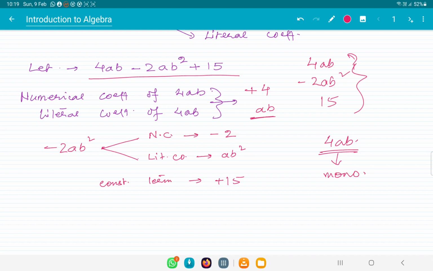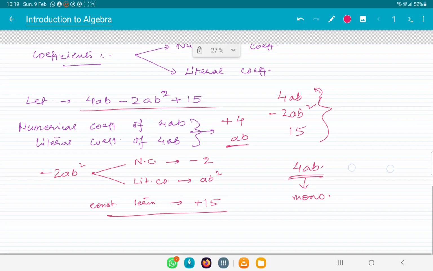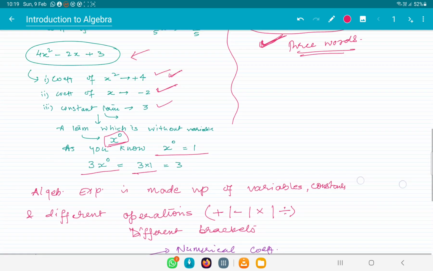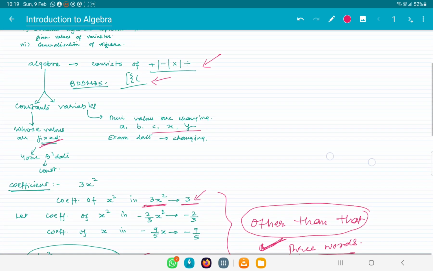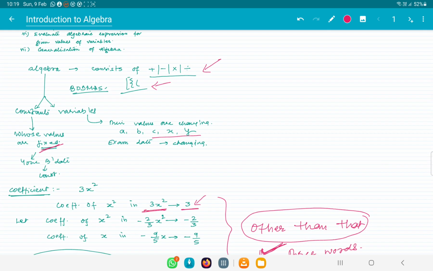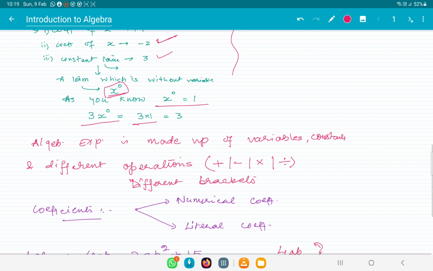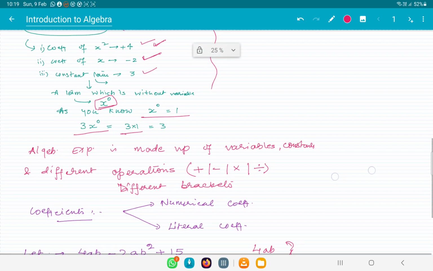The constant term in the given algebraic expression is plus 15. Through this we can easily find in an algebraic expression different types of variables, constants, coefficients and types of coefficients. Thank you.